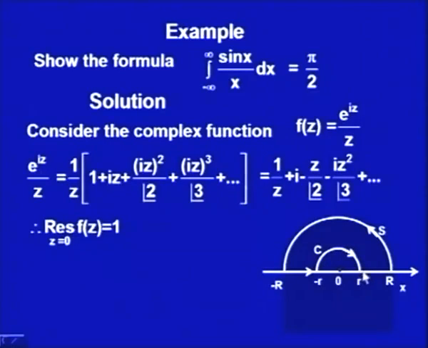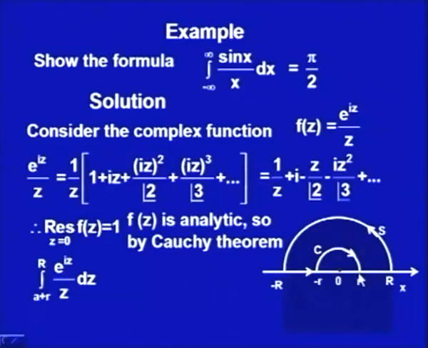Now we have made our closed contour, and in this closed contour the function e to the power i z upon z is analytic, on the contour and interior to it. So we can apply the Cauchy integral theorem, which says that if a function f is analytic on and inside a closed contour C, then the integral of f along that closed contour is 0.